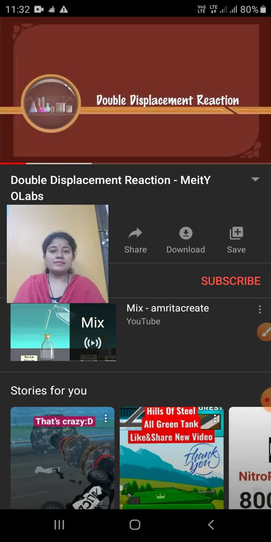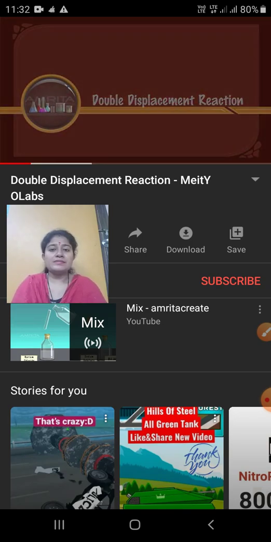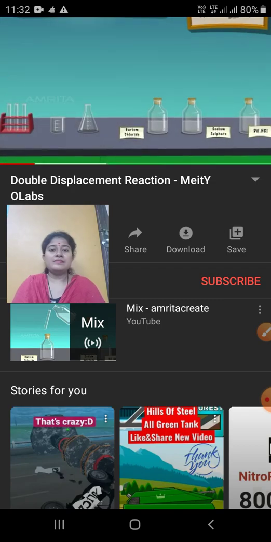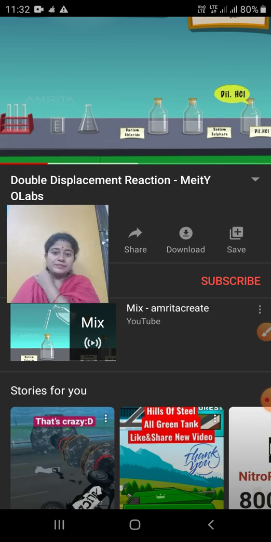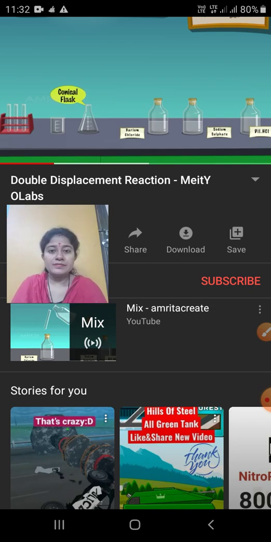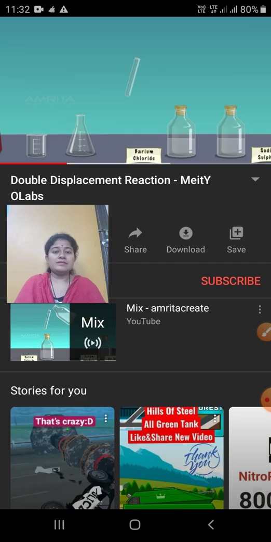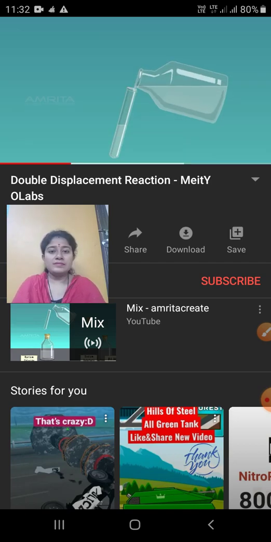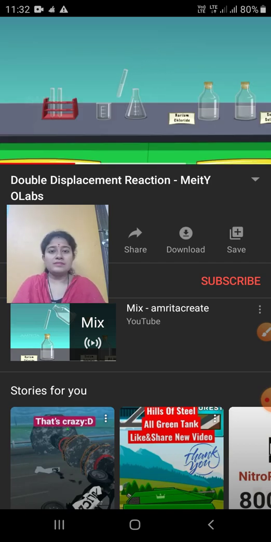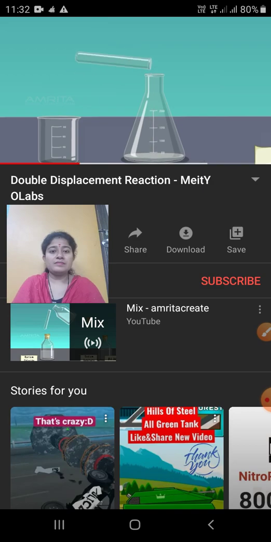Double displacement reaction. We will require sodium sulfate, barium chloride, dilute HCl, a beaker, conical flask, and test tubes. Take a small quantity of barium chloride in a test tube and transfer it into a conical flask.